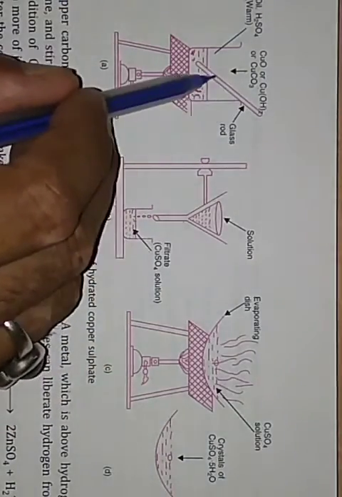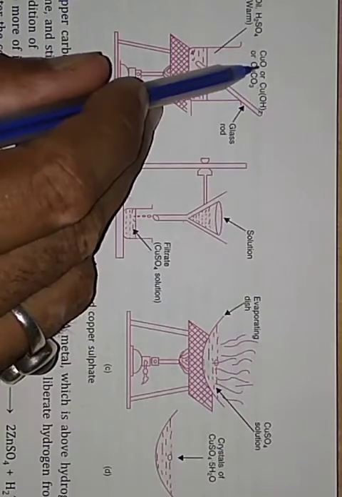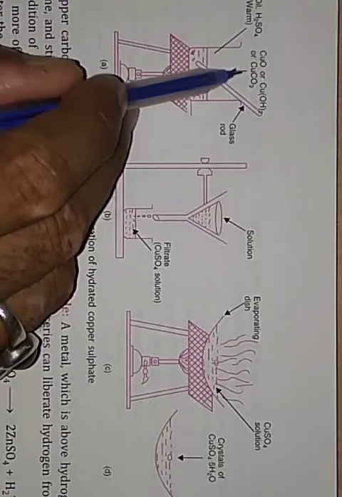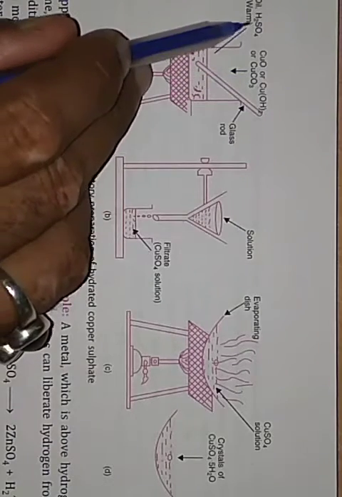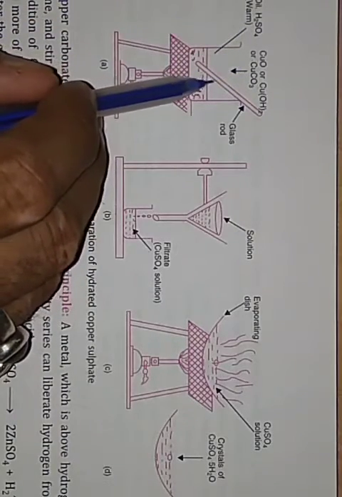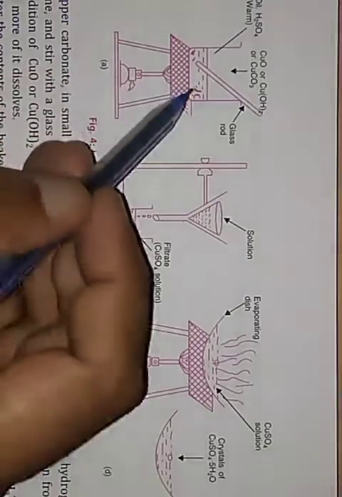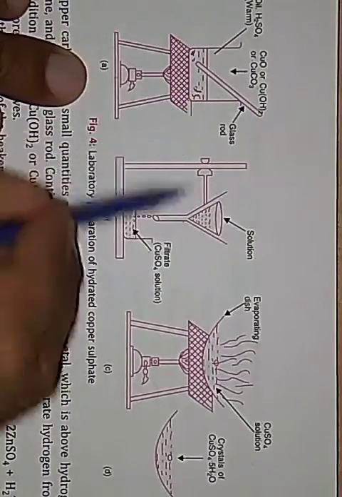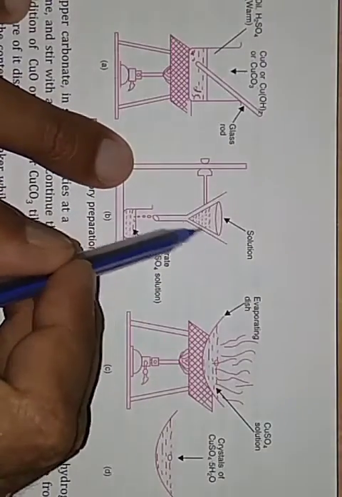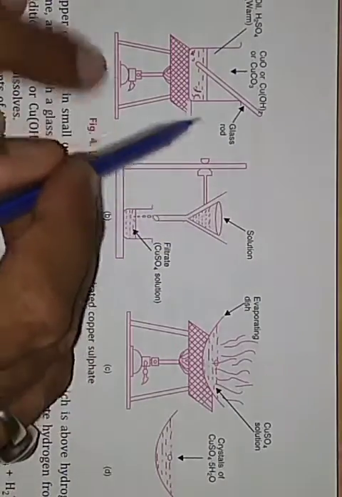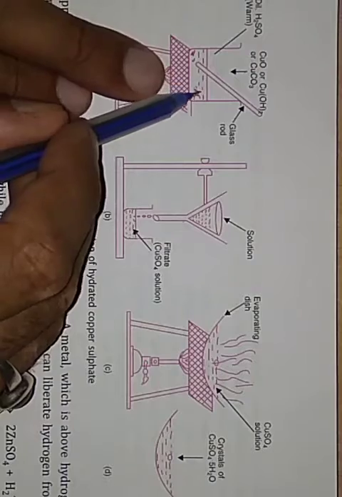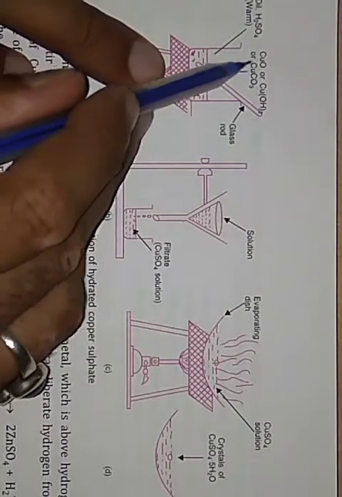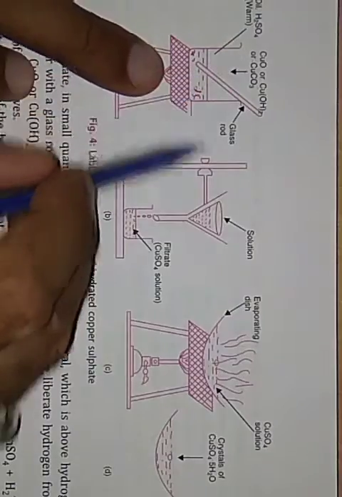Now after adding the cupric oxide into the dilute H2SO4, they both combine to each other and form the copper sulfate. Then we use the filter paper and filter the product which is obtained by the reaction of copper oxide and H2SO4 in the beaker.